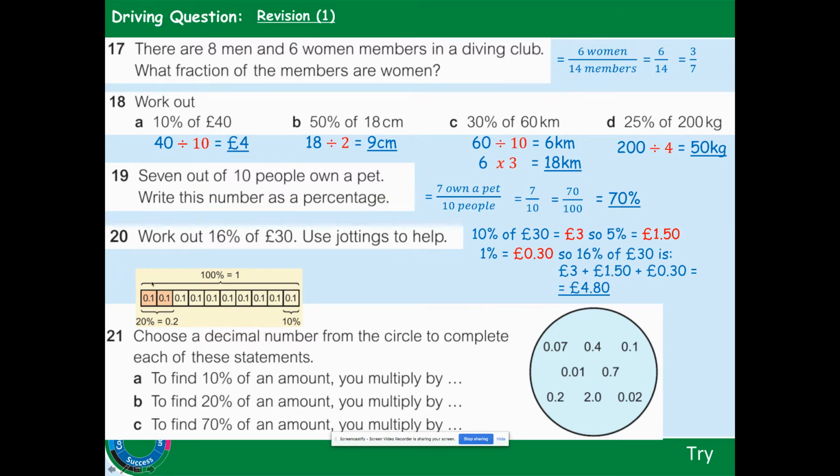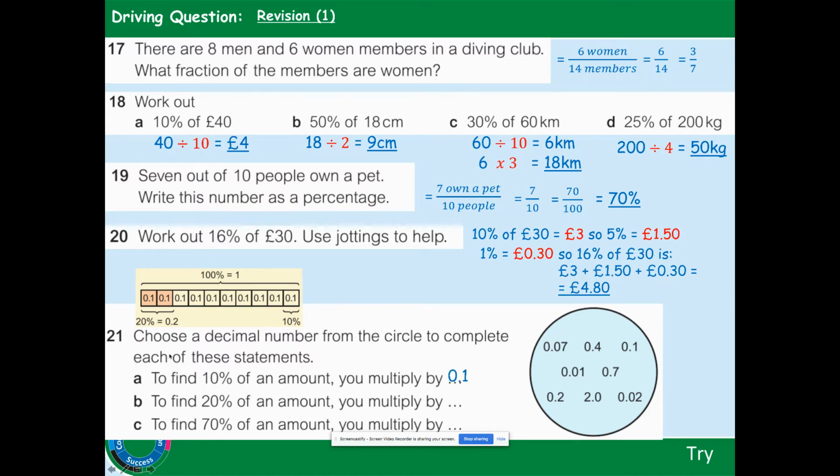Okay, I put this little rule up here just to remind you of this one, just for those that were getting a little bit forgetful, because we didn't do an awful lot on this. We just really touched on this. Choose a decimal number from the circle to complete each of these statements. To find 10% of an amount, you multiply by 0.1.